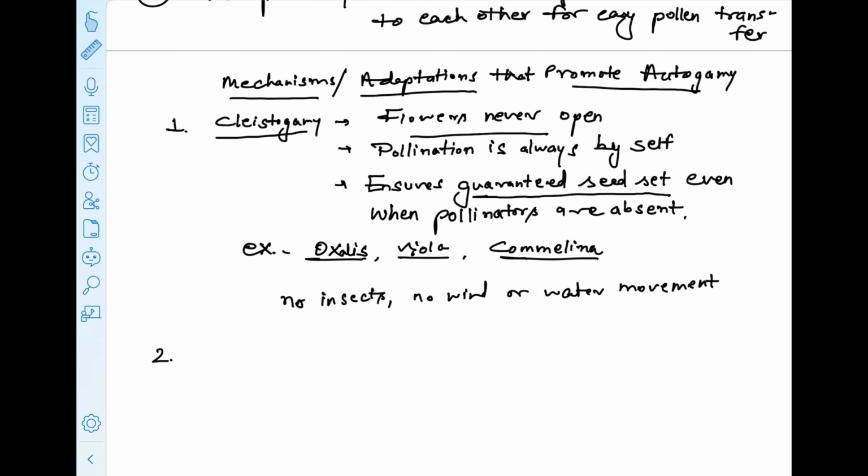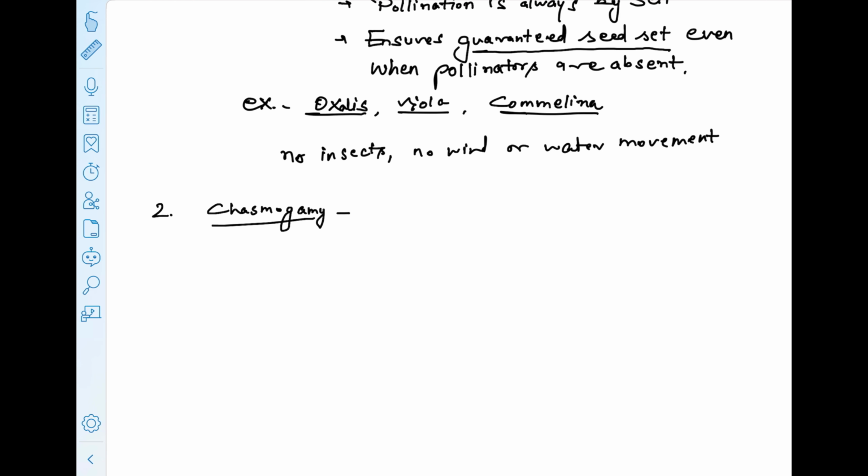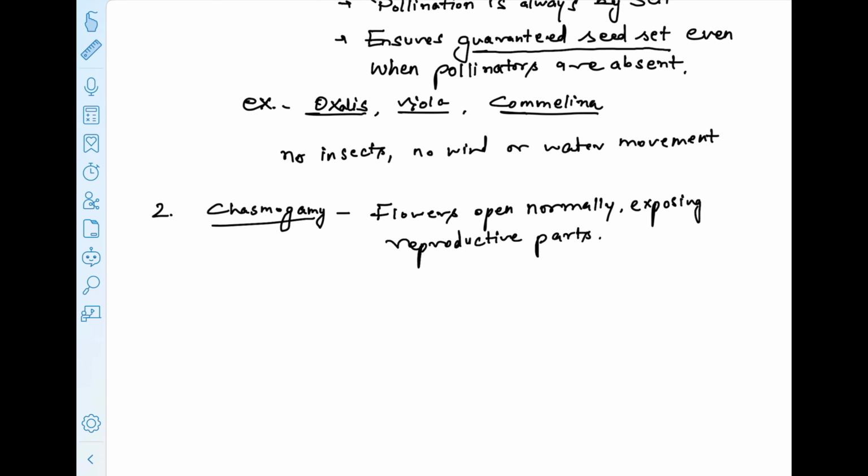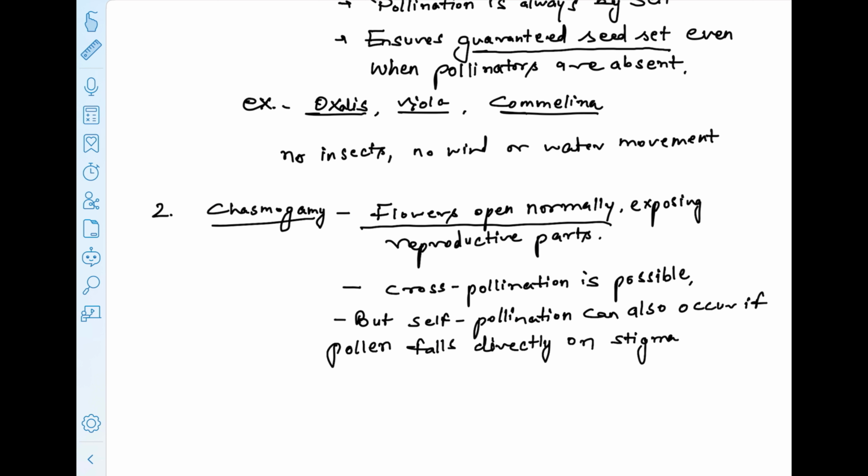And the second condition is chasmogamy. In this condition, flowers open normally and their reproductive parts are exposed. So, in chasmogamous flowers, both cross-pollination and self-pollination are possible.